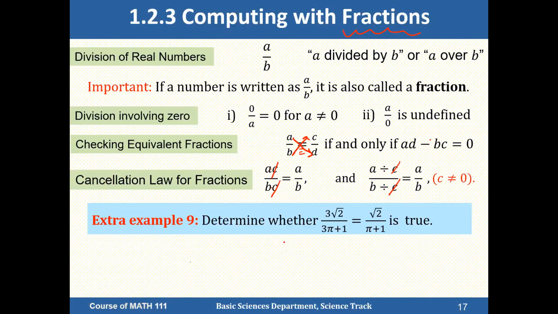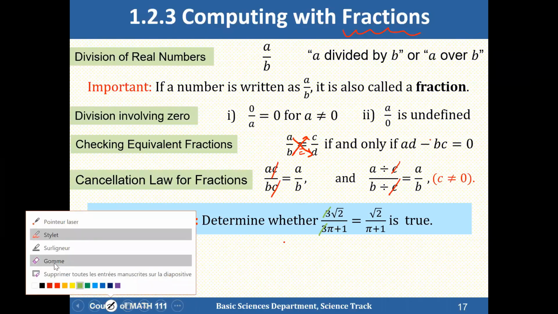Another example. Determine whether (3 square root of 2) over (3 pi plus 1) equals square root of 2 over (pi plus 1). Is it true? Yes, because here we have 3 and here we have 3. So we can cancel and we get square root of 2 over (pi plus 1). The same. You agree? Of course not.